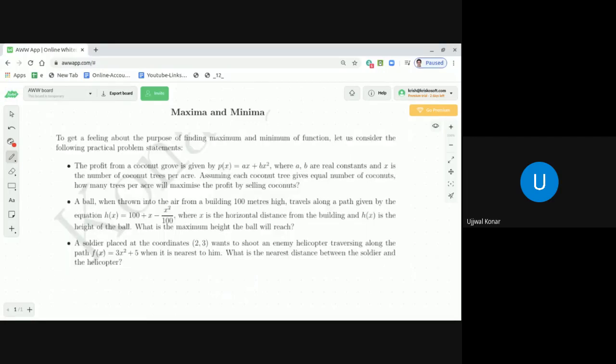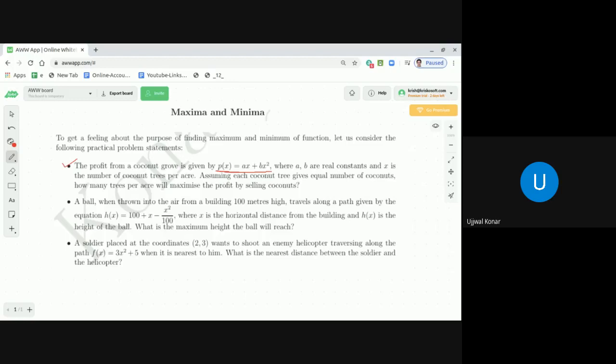Suppose the profit from a coconut grove is given by the profit function P(x) equal to ax plus bx square, where a, b are real constants and x is the number of coconut trees per acre.